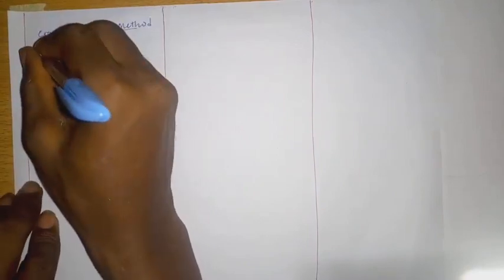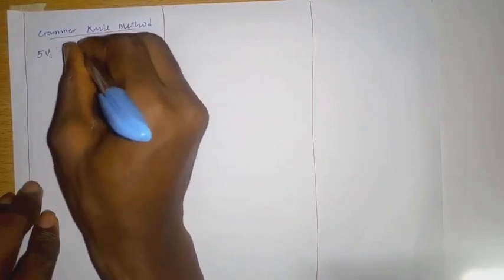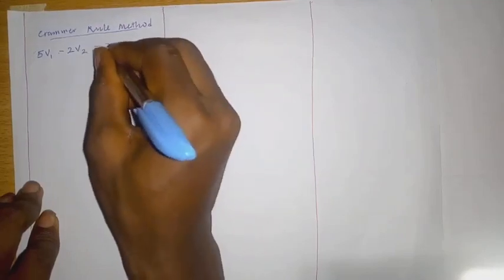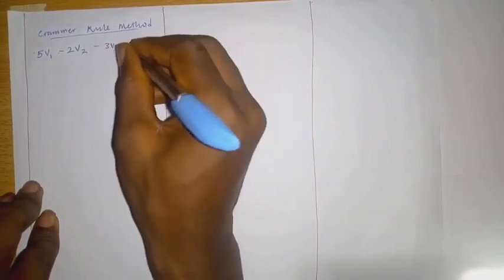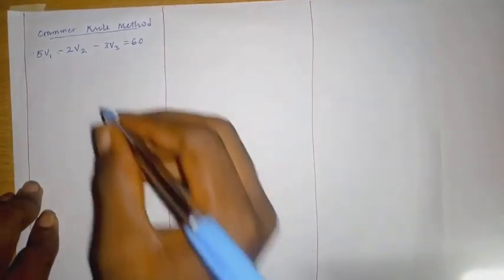Let's write out the equations so we can use Cramer's rule. Equation 1 here we have 5v1 minus 2v2 then minus 3v3 equal to 60. Remember.